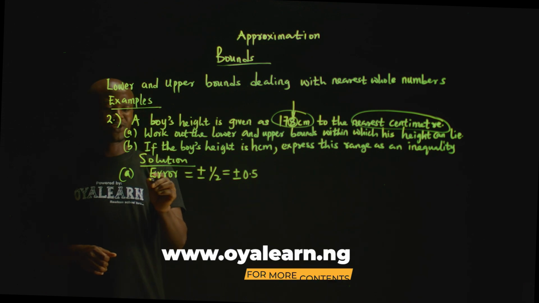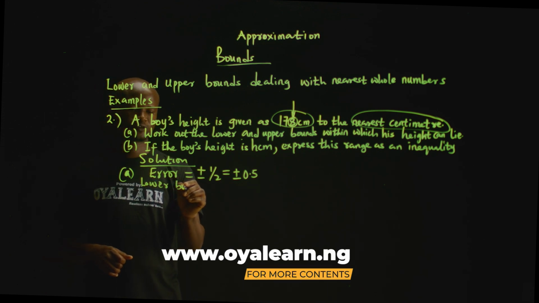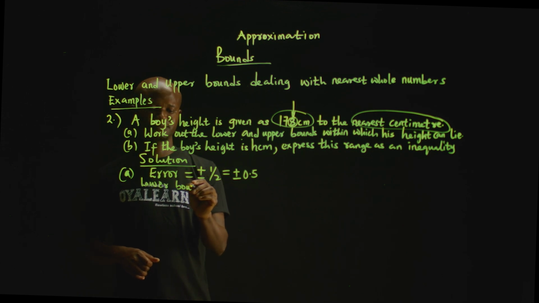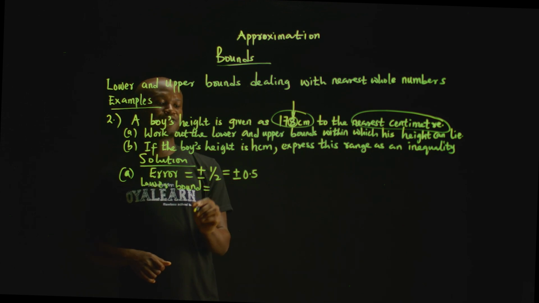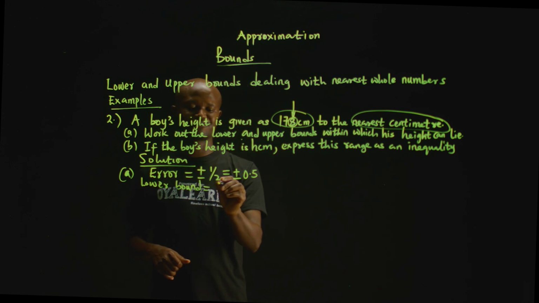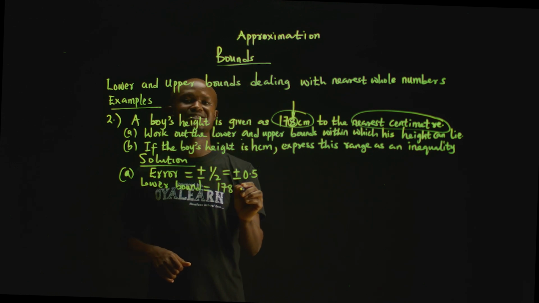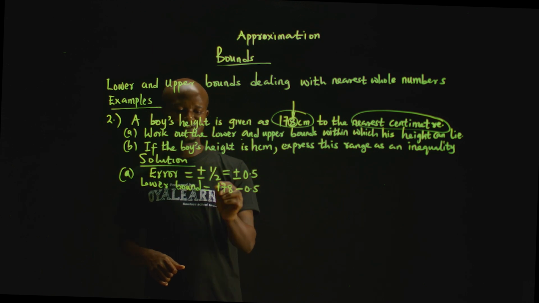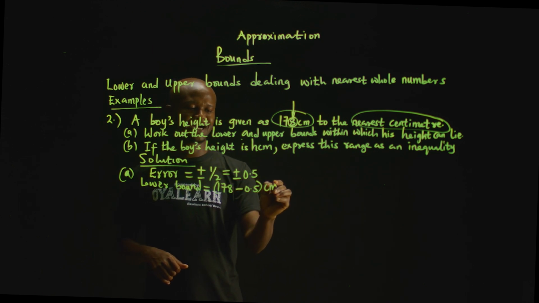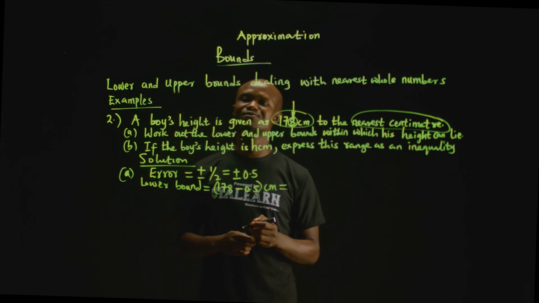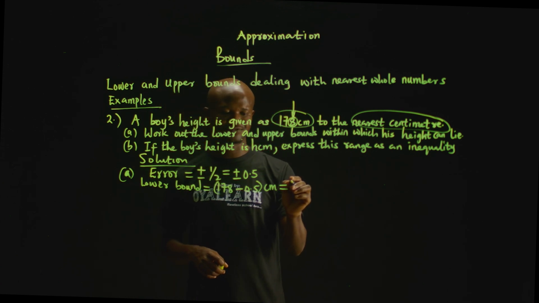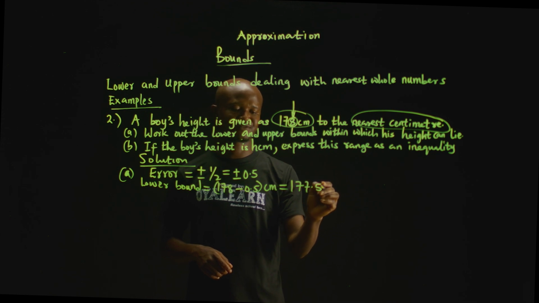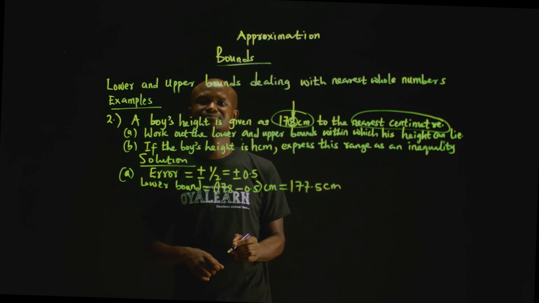Now, we determine the lower bound. For the lower bound, what do we do? We have 178. Then we subtract 0.5. We put centimeter at the back. Now 178 minus 0.5 will give us 177.5 centimeter.